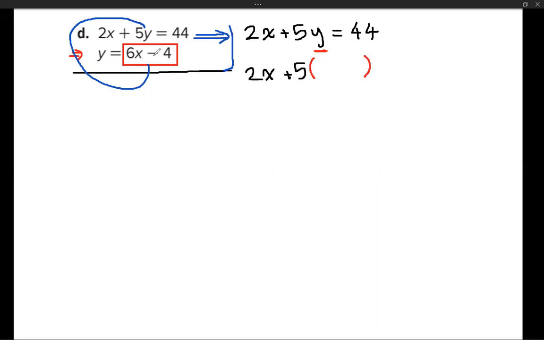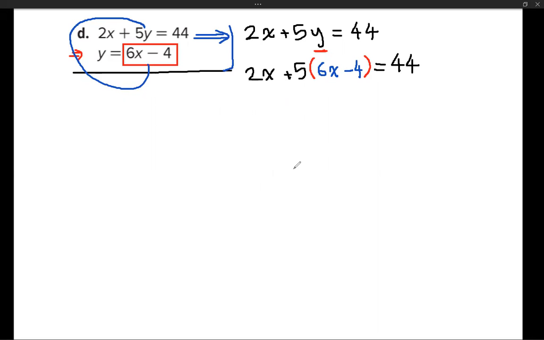And how much is y? It's 6 times x minus 4. So we put it there: 6 times x minus 4. Okay, this is equal to how much? It's equal to 44.